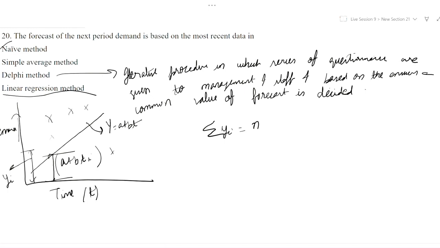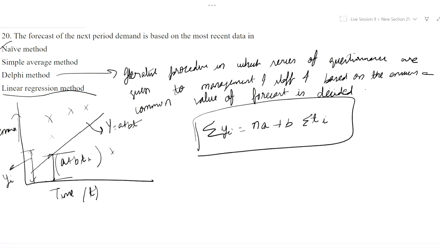Now this is the first equation in a linear regression analysis.